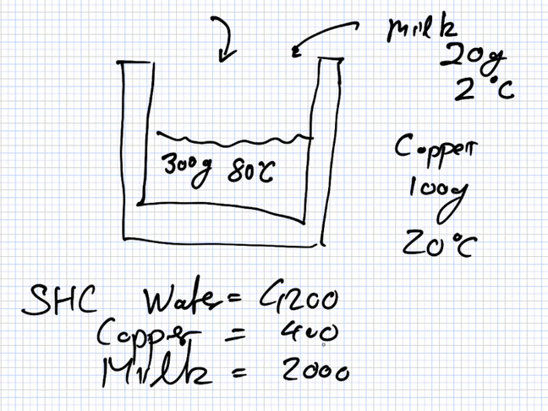Yes, it's quite bad. So here, I won't do it, but I just want to write down the equation to solve. So tell me, the copper here, does it gain or lose energy? Gains. The water, gains or loses? Loses. And the milk, gain or lose?